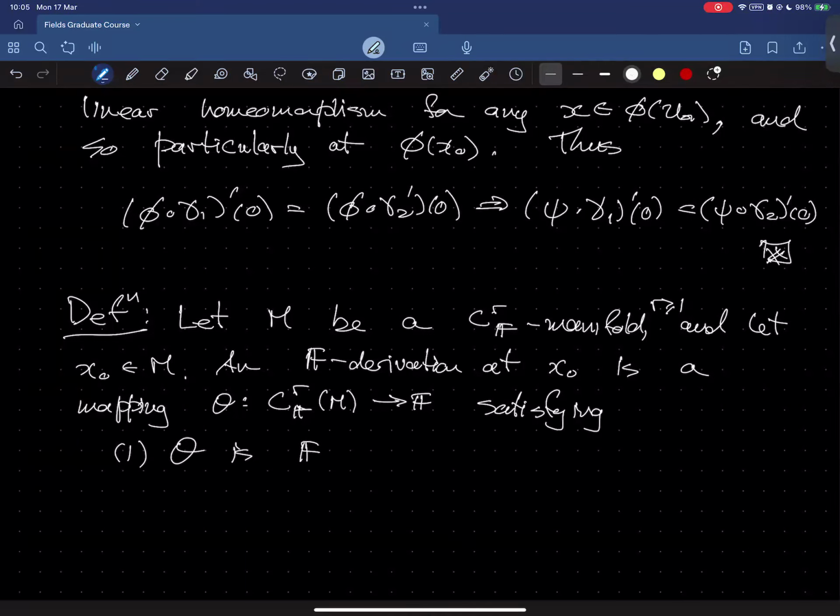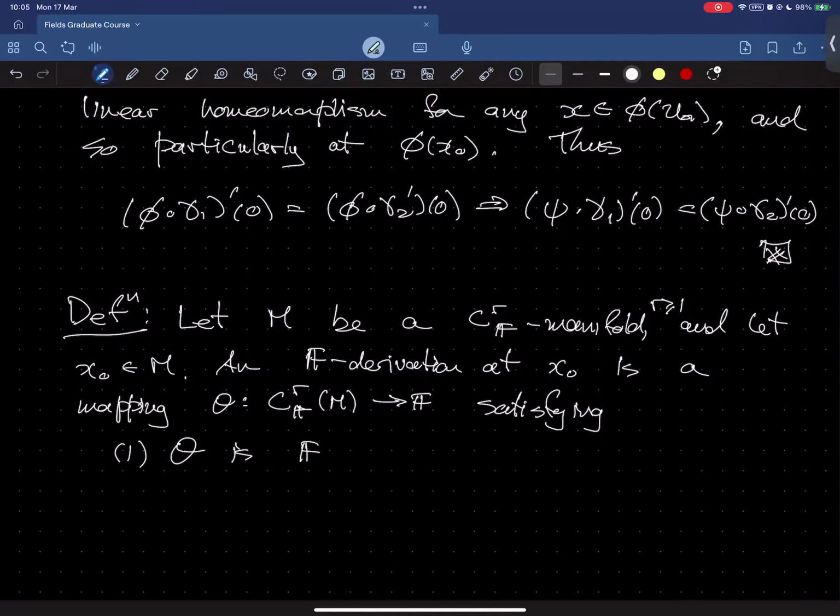So then what I'm going to do is define a mapping from curves at x naught into derivations. And we'll see that essentially this mapping on curves only depends on the tangent vector associated to that curve.